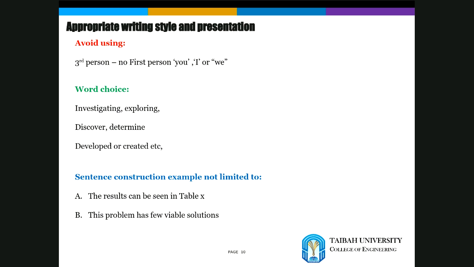This is just an example. Try to use words related to what engineers do when they investigate. As a research, we investigate this, we discover this, we explore this. Once again, please avoid using the first person, you and I and we. These are some examples that can be used, and not limited to these.